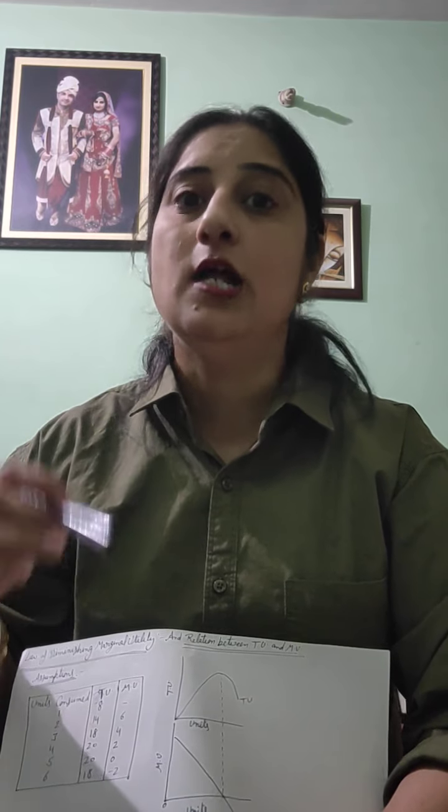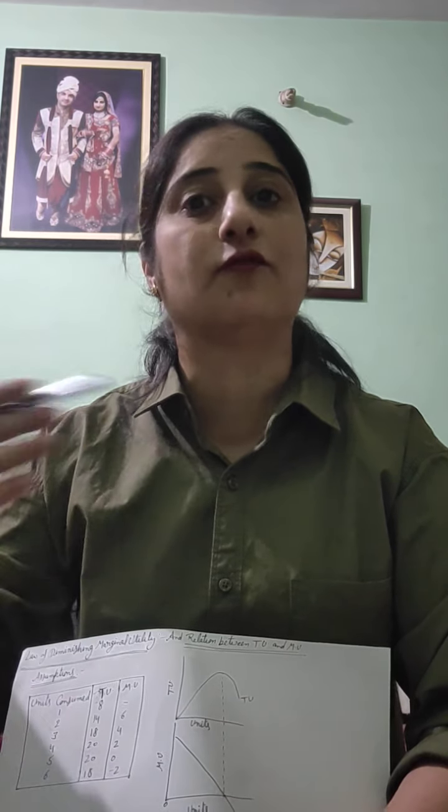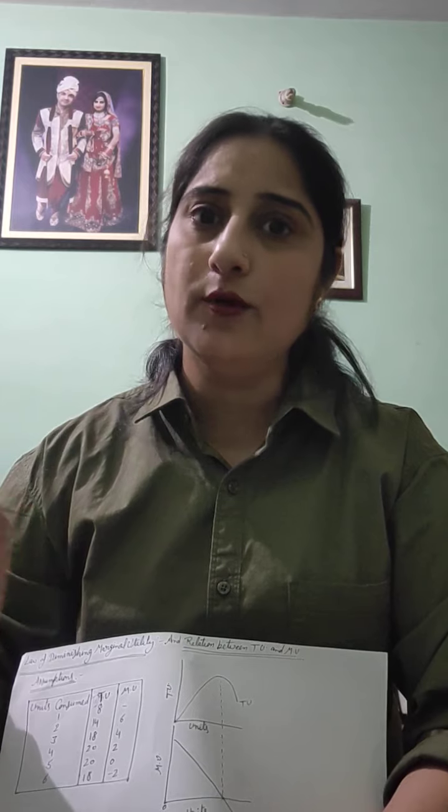So the condition is that all units of the commodity should be the same taste and same flavor. You eat a chocolate flavor ice cream, then a second chocolate flavor ice cream, then a third, then a fourth. There should not be any other commodity which you have to consume. Only then this law will be applied.